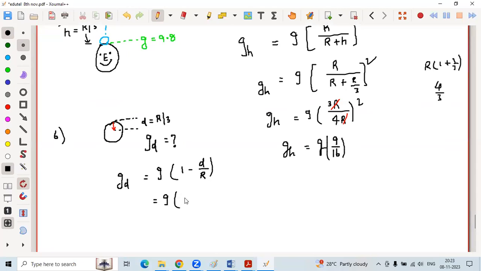So G into 1 minus R by 3 by R. R gets cancelled. So this will become G into 1 minus 1 by 3. That is 2 by 3. Final answer is 2 by 3 into G. That's all.